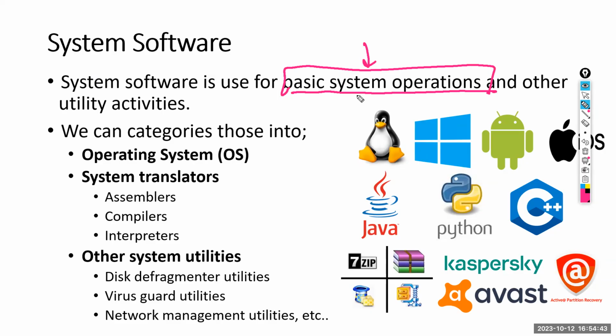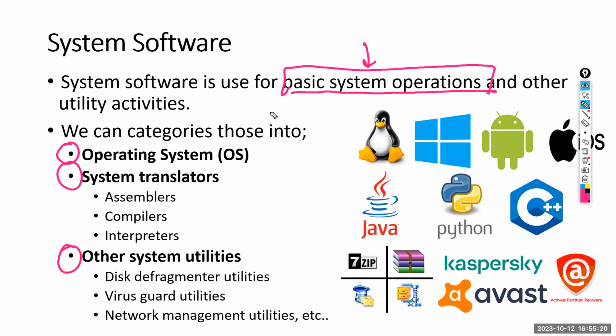We can identify system software into three categories. What are those three categories? The main system software is the operating system. When you have a computer, smartphone or laptop, the main software is the operating system. That is why we use the word operating system. The operating system operates your hardware, manages other software, manages your files, and so on.